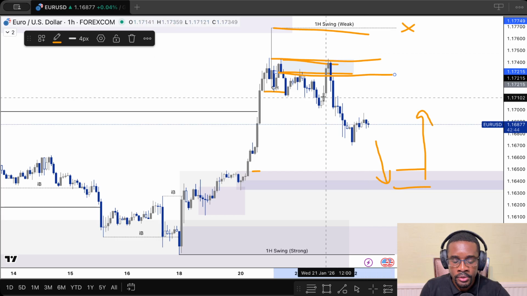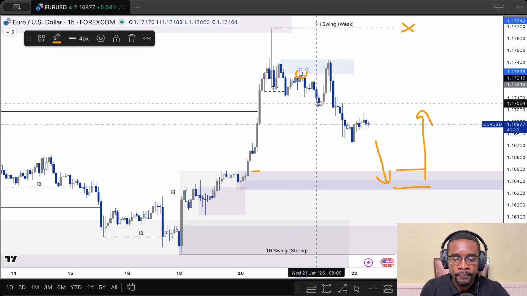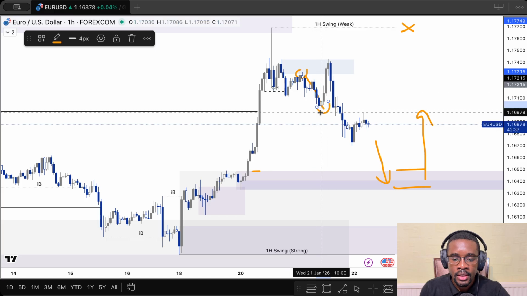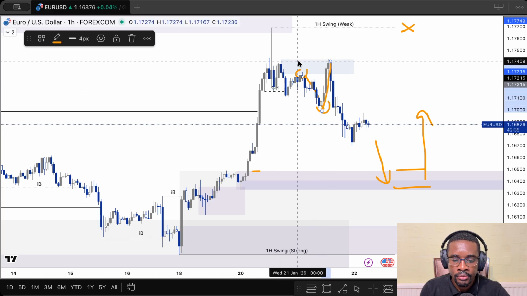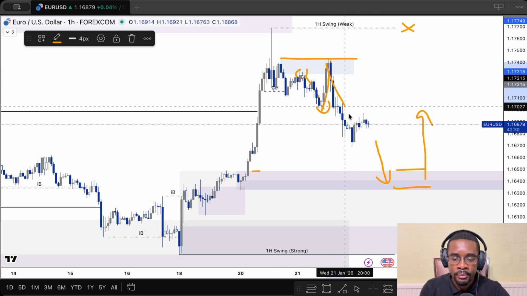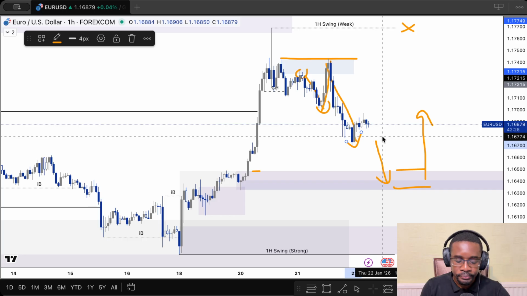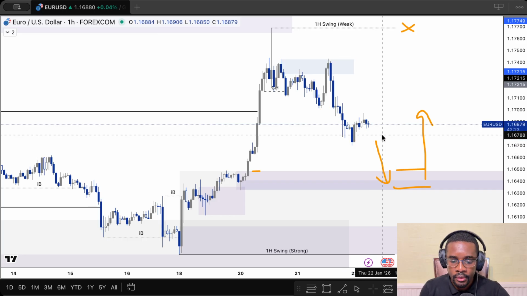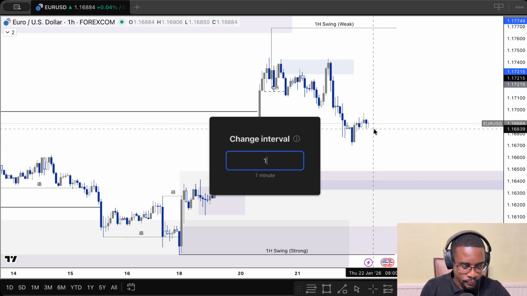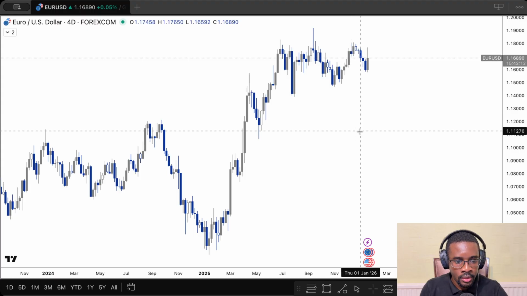This supply had already been mitigated here, and then we had a push down and then came back again, and we may have swept or eliminated the supply, but after that we had a strong reaction coming down. So that's yesterday's analysis on the Euro dollar.